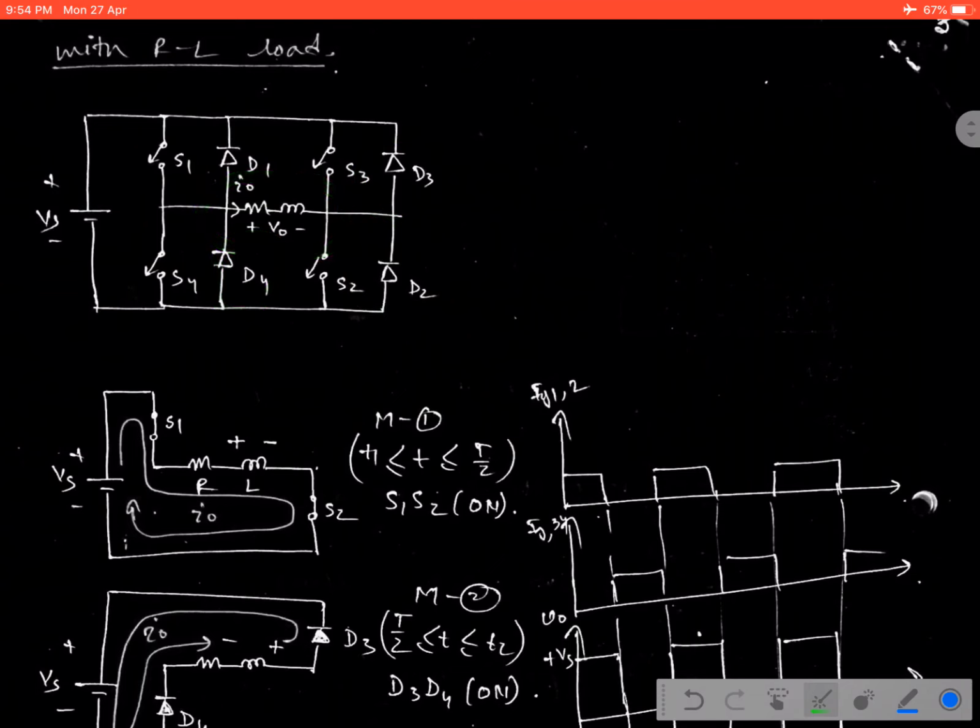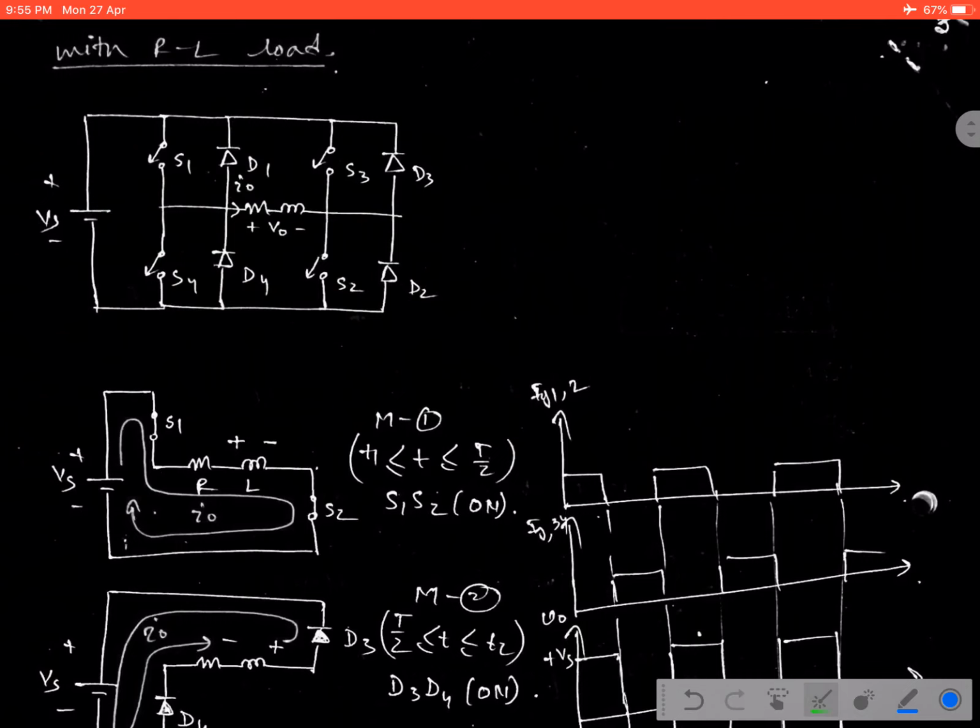That is why this charging and discharging part should be maintained by using these diodes. Now see, whenever the diode starts conducting, the energy stored inside the inductor will be fed back from the load to the source. That is why this kind of diode is called a feedback diode, as it is able to feed the energy of the load back to the supply.